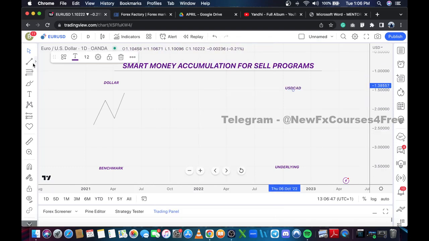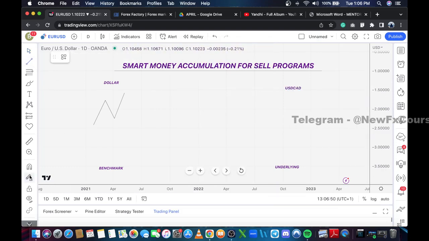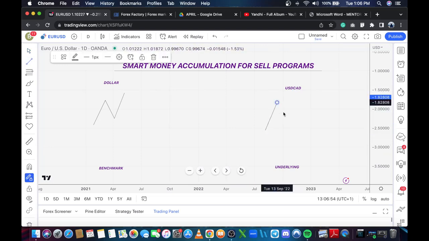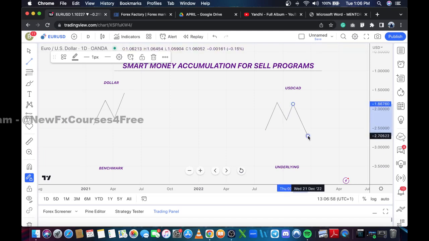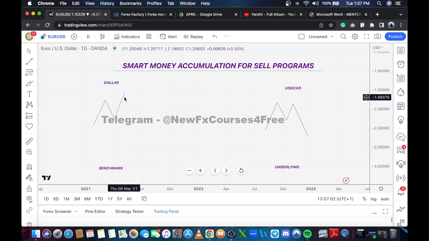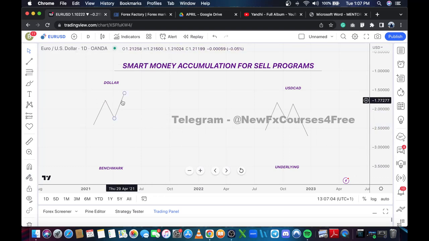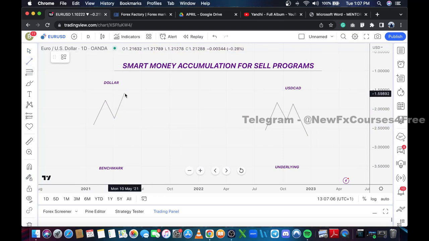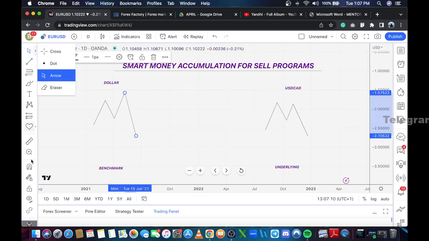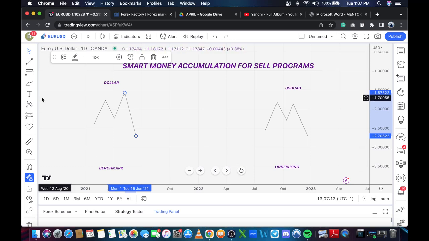If our benchmark makes a higher high and our underlying, which is the way we're looking to trade, makes a lower high, that indicates that the run higher on dollar is false, and we should see it be followed with an aggressive decline lower.